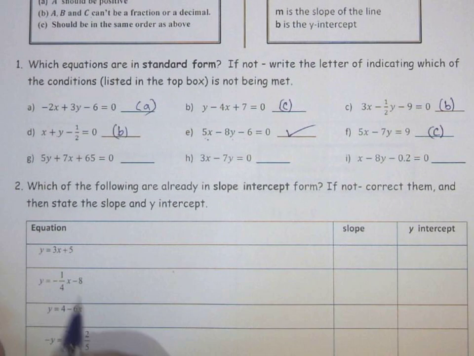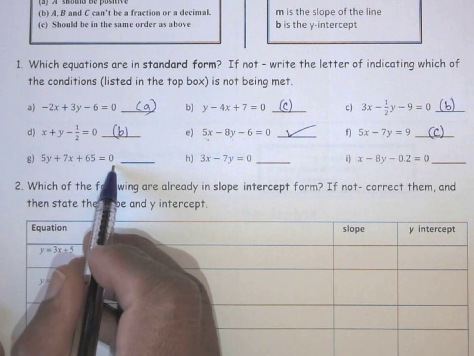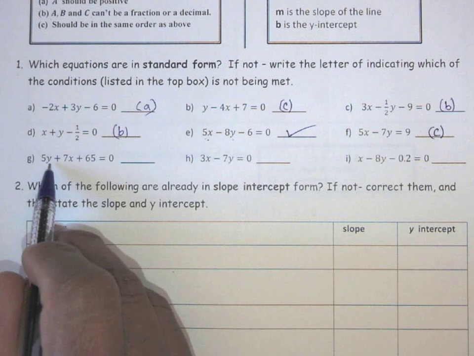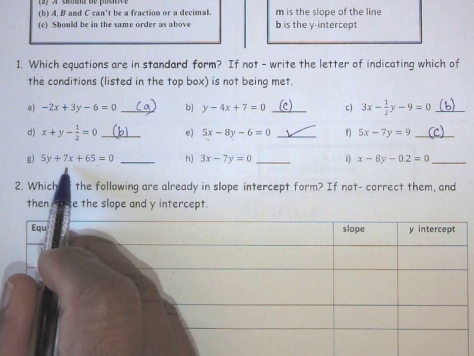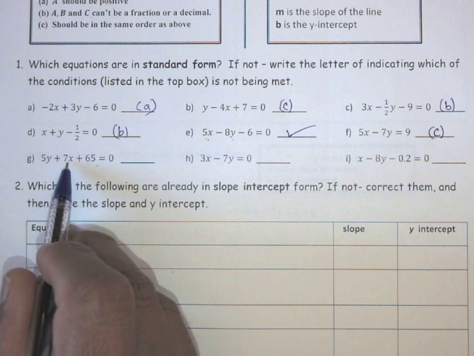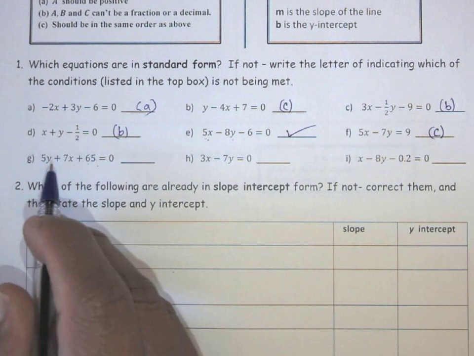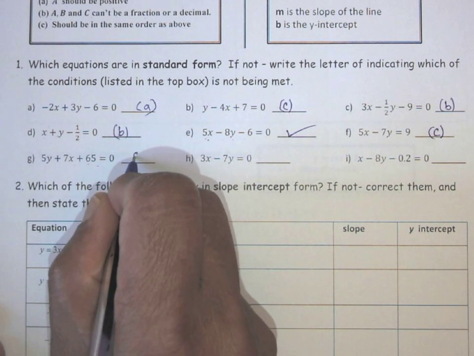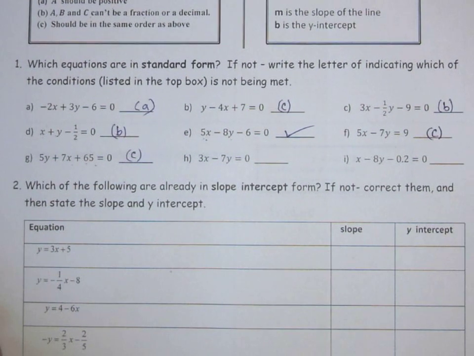The next one, 5y plus 7x plus 65 equal to 0, and no fractions, and a is positive, but then you see x and y are not in order, right? So therefore, the third condition, that is C, is not being met.